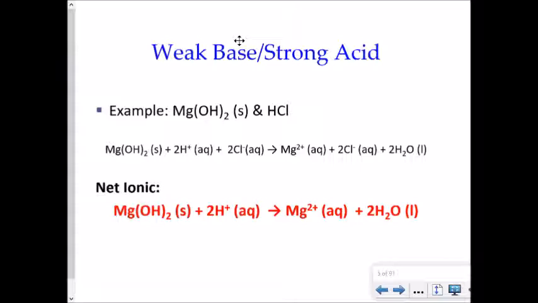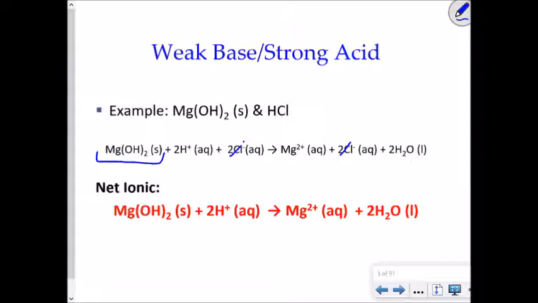So magnesium is not considered a strong hydroxide, but you can react it with hydrochloric acid as a solid, and it will neutralize the hydroxide into water, and you will end up with the chlorides being spectators. See, they're both in their ion forms on both sides of the equation. However, since you're starting with the magnesium hydroxide solid, it's very insoluble, remember, then you would end up with magnesium ion and your water on the other side.